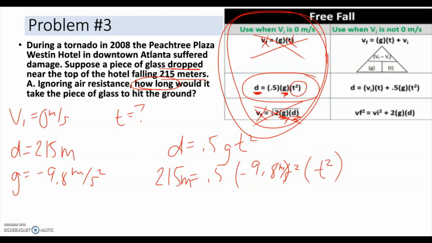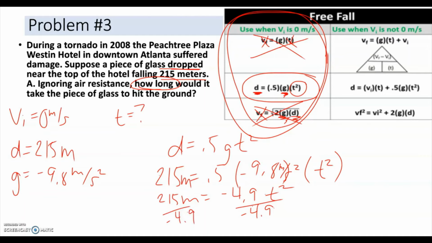All right, so if we simplify the 0.5 times the negative 9.8 meters per second squared, that will give us 215 meters equals negative 4.9 times t squared. We are trying to find the time, so we need to get t on a side by itself, so we need to divide by the negative 4.9.